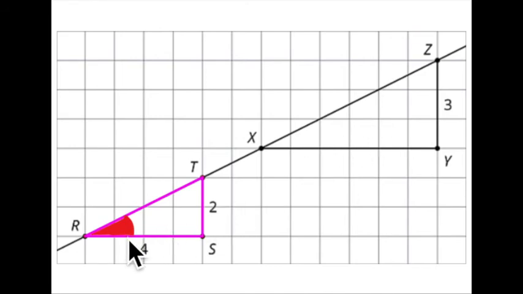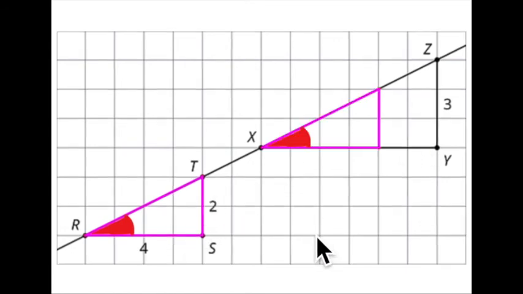One way to show that is to show that 2 of the angles are congruent. You know that this angle right here is 90 degrees. That means you just have to find one other angle that's congruent. So you can translate this whole triangle up here, and it shows that this angle falls right over this angle of the larger triangle.